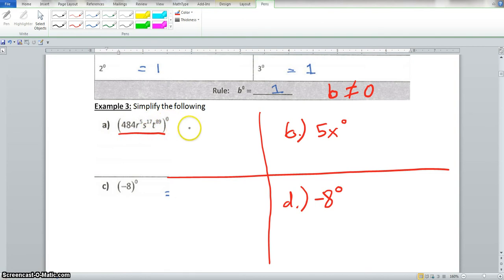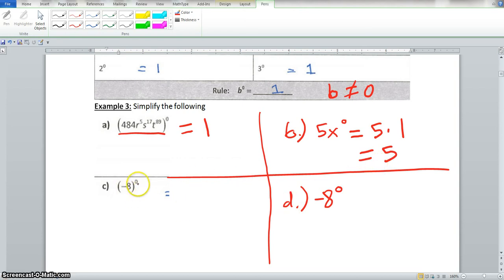This does not equal 0, so this value to the 0 power is equal to 1. Now we go here to b. Now if you notice, this 0 power is only connected to the x. It's not connected to the 5. So this is equal to 5 times 1 because x to the 0 power is 1. So 5 times 1 will give you 5.